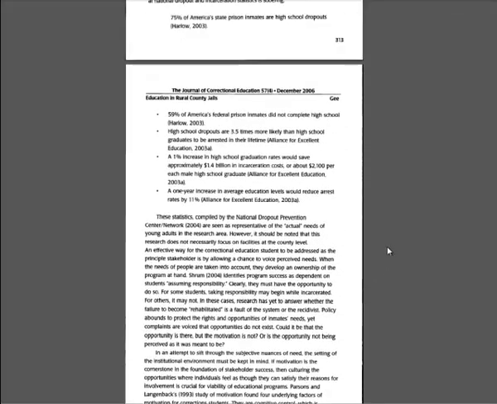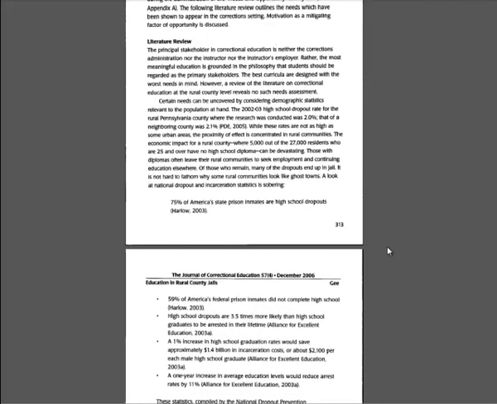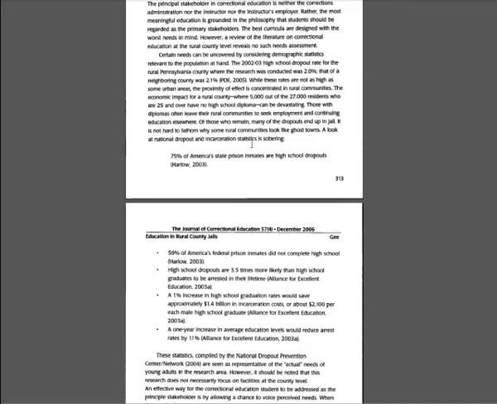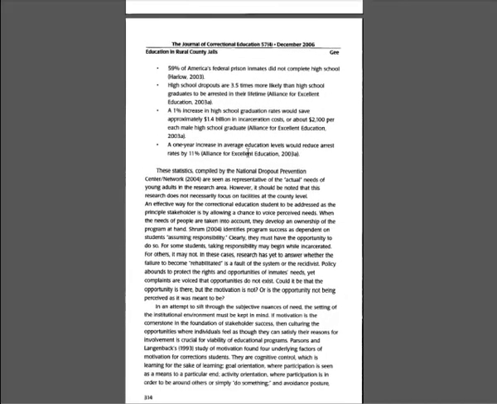So start out very broad and then narrow your focus. And so again, the principal stakeholder in correctional education is neither the corrections administration nor the instructor nor the instructor's employer. Rather, the most meaningful education is grounded in the philosophy that students should be regarded as the primary stakeholders. And so again, very, very general statement. And then he starts narrowing down his focus.